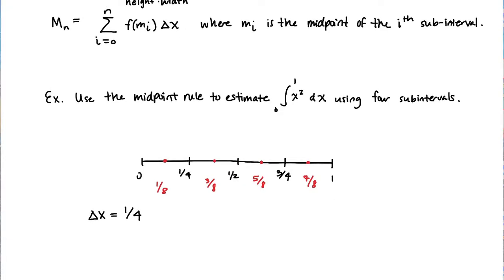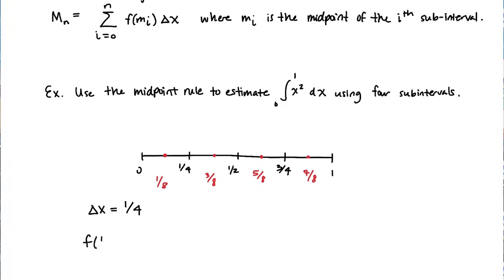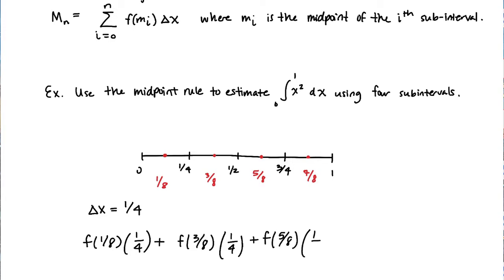Okay, so then plugging into our formula, we would have f of 1/8 times 1/4 plus f of 3/8 times 1/4 plus f of 5/8 times 1/4 plus f of 7/8 times 1/4.